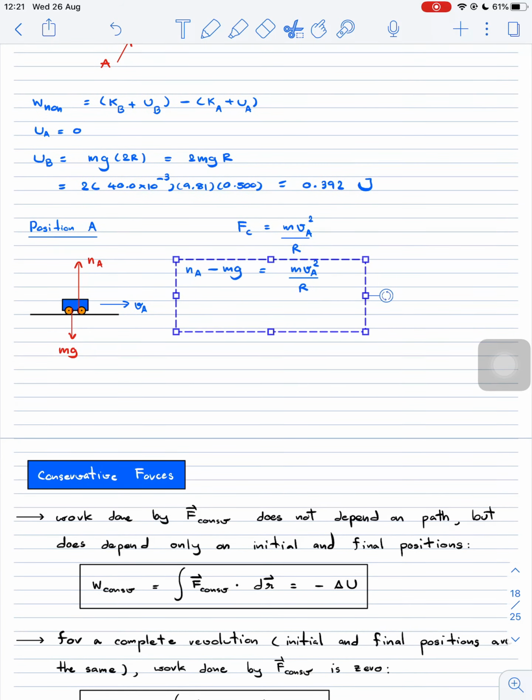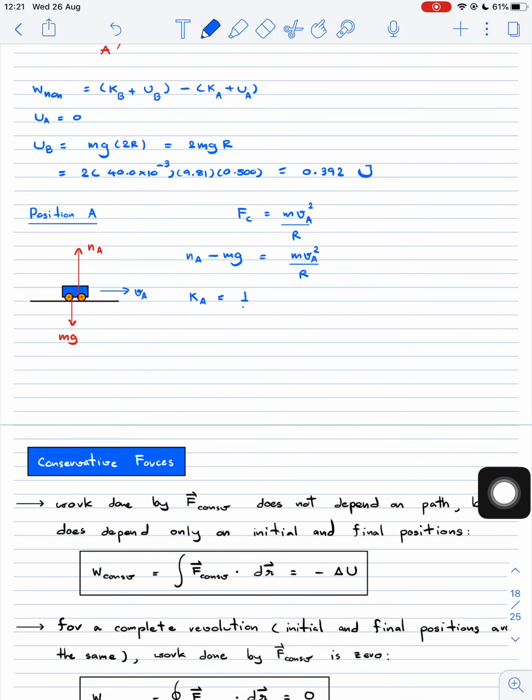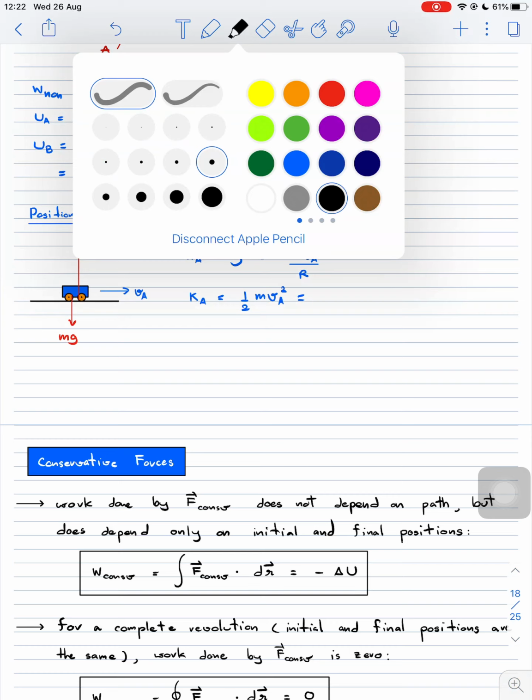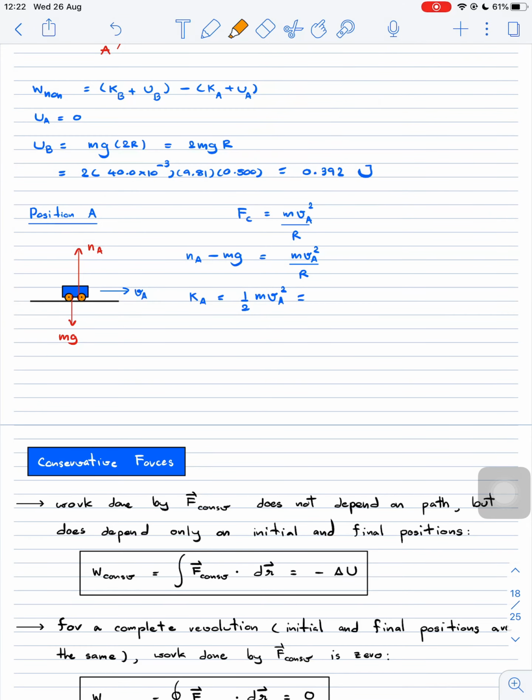But we need to find the kinetic energy of the toy car at the position A. So the kinetic energy of the toy car at position A equals 1/2 m Va squared. We have mVa squared here, and we have mVa squared here as well.